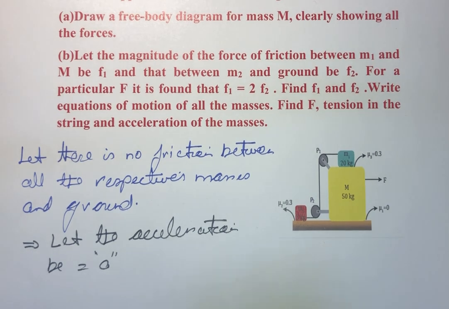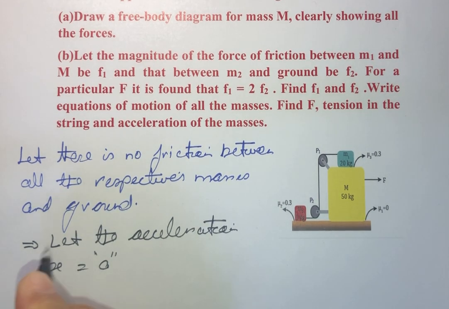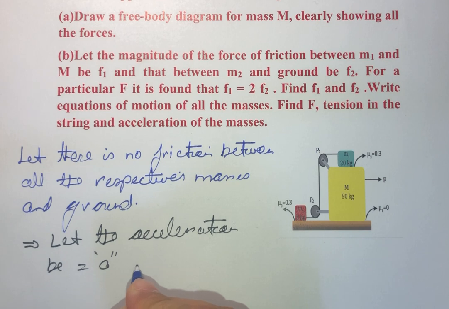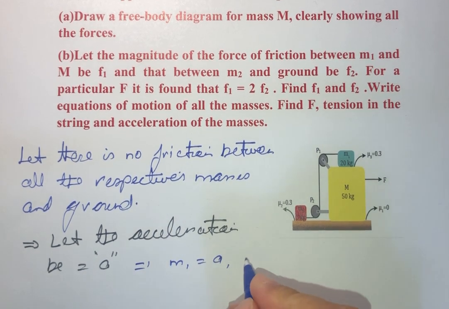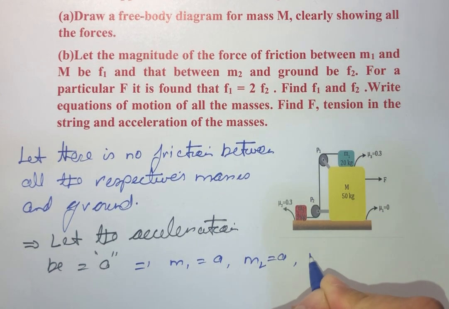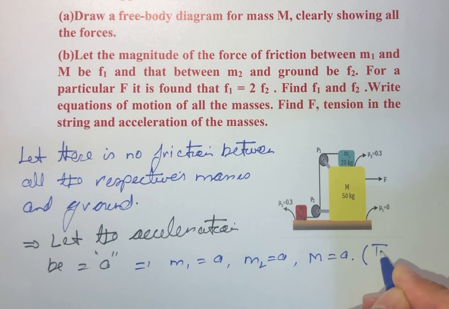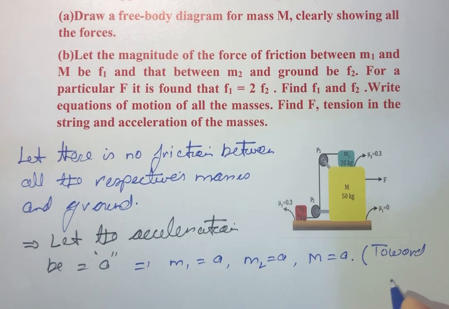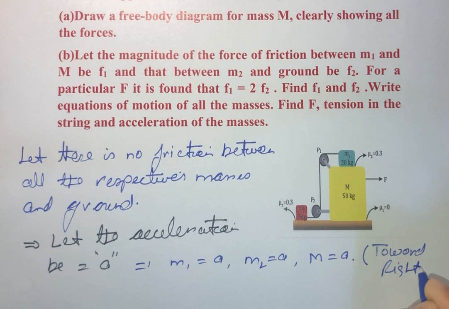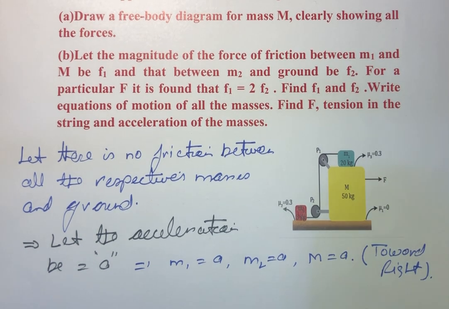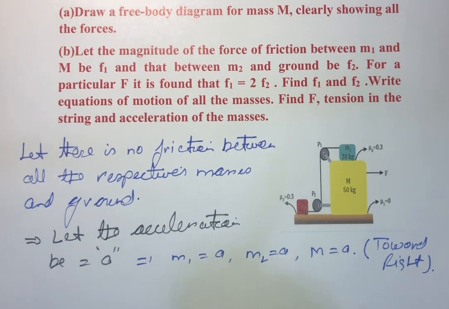Which basically means that M1 has the acceleration of A, M2 is also having acceleration A and capital M is also having acceleration A. In all the cases it is towards the right.